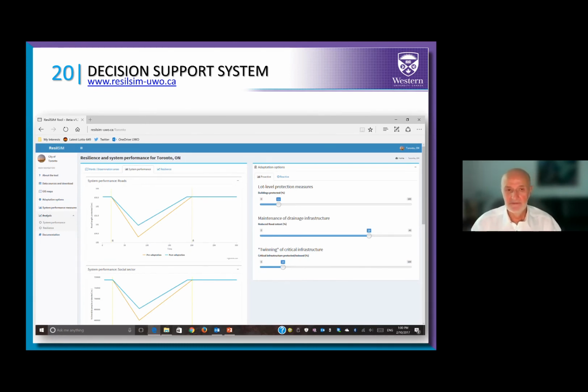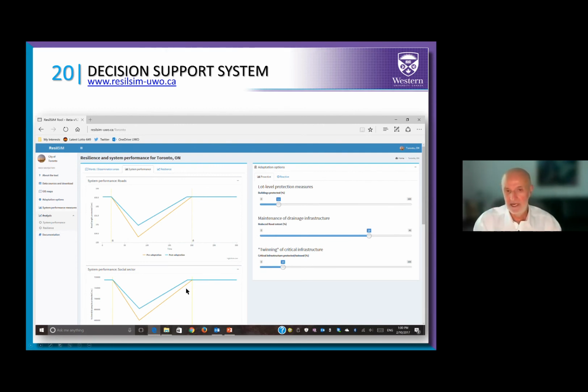When you implement these selected measures, here are the 3 selected adaptation options in a proactive form, and we can move the sliders and attach a value to these different measures. On the left-hand side, the system immediately shows the 4 selected system performance measures, like roads, damage, and the number of types of infrastructure.